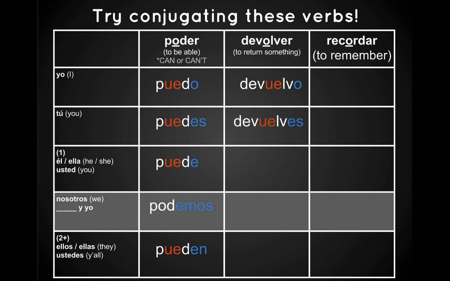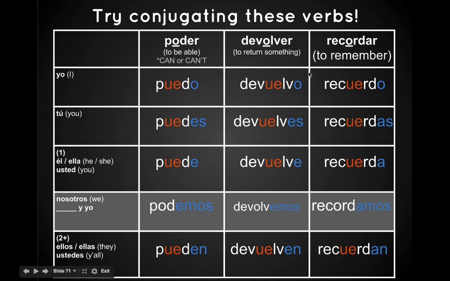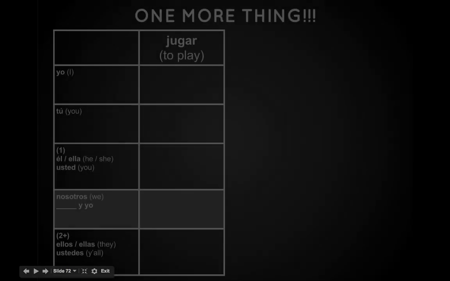Devuelvo, devuelves, devuelve, devolvemos, devuelven. Recuerdo, recuerdas, recuerda, recordamos, recuerdan. So if you can conjugate one stem-changing verb, you can conjugate all of the stem-changing verbs. They follow the same pattern.